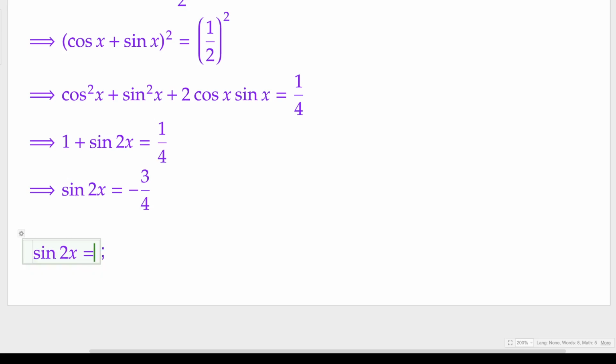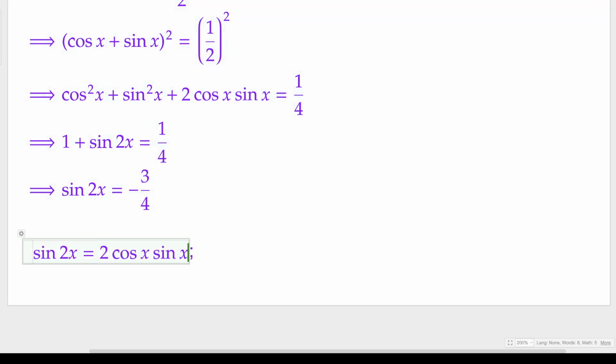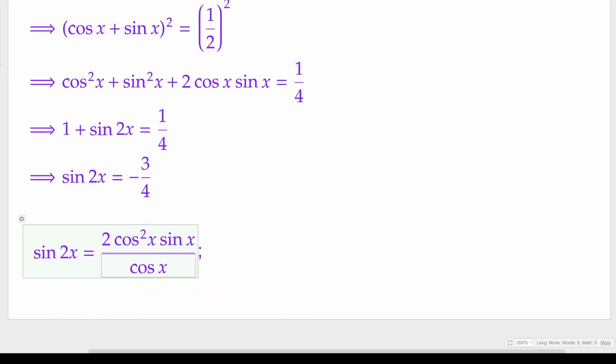Sin 2x can be written as 2 times sin x times cos x, so 2 cos x times sin x. Now I'll multiply cos squared x in the denominator as well as in the numerator, so this will become cos squared x and this will be cos x.